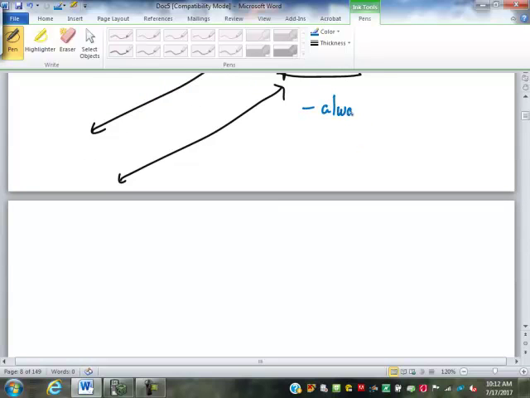The technical definition of parallel is always the same distance apart. The actual technical definition is everywhere equidistant, which means always the same distance apart.